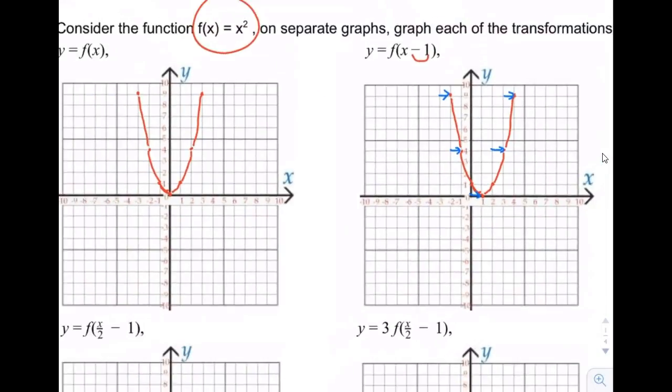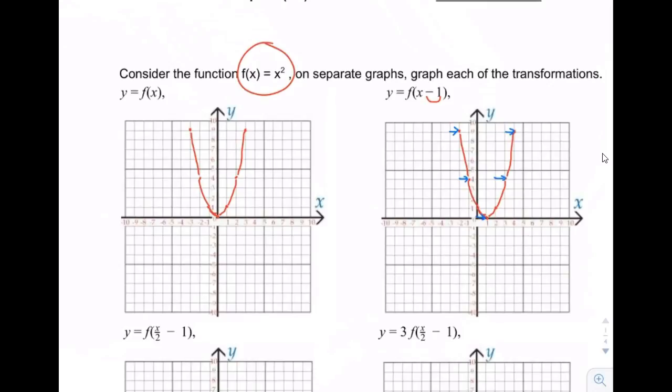Okay? And one way you can remember that x minus 1 shifts it to the right is, you could say, okay, I am going to see what point is it going to be at x equals 1. So you put x equals 1 in here, and then you end up with f of 0. Basically when you put x equals 1 in there, you get, oh, what's the y value at f of 0?